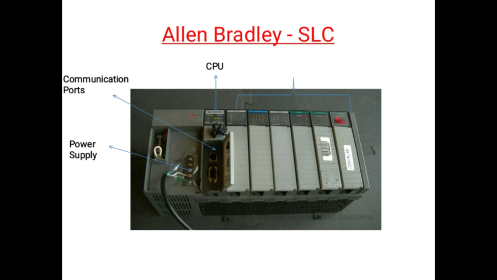Next are the IO modules, input output modules. So in this image you can see a modular PLC. In the previous image it was a compact PLC. I have shown you both images so that you can recognize the 5 components of a PLC.